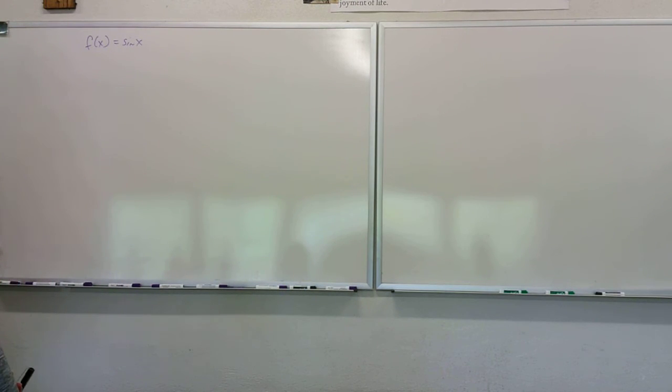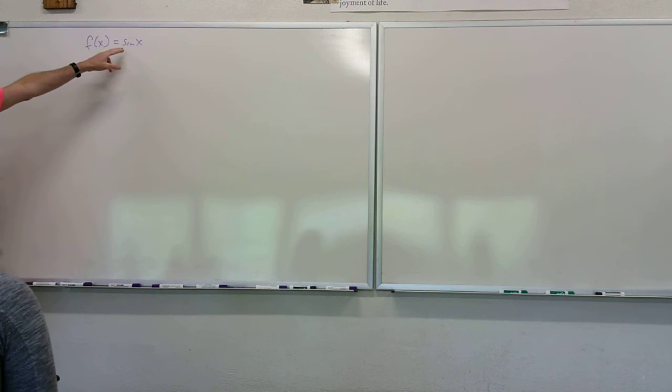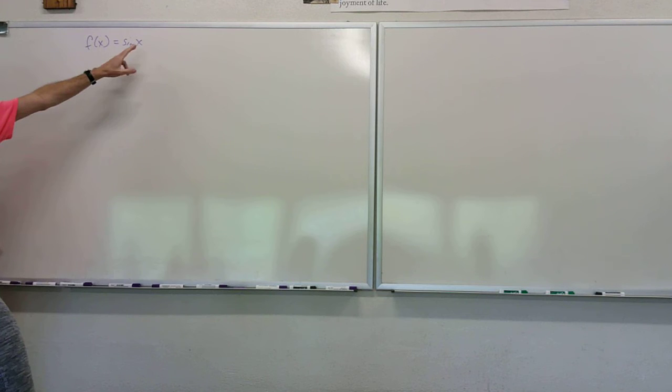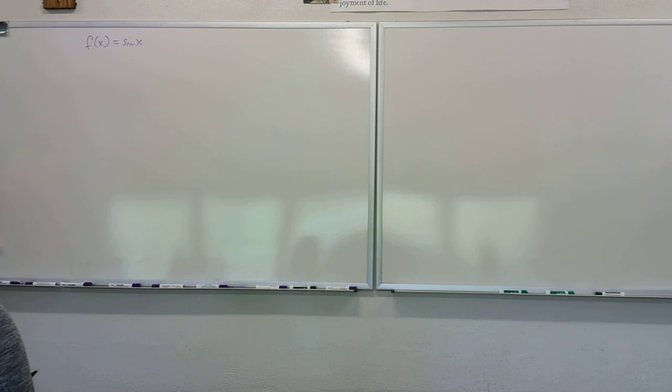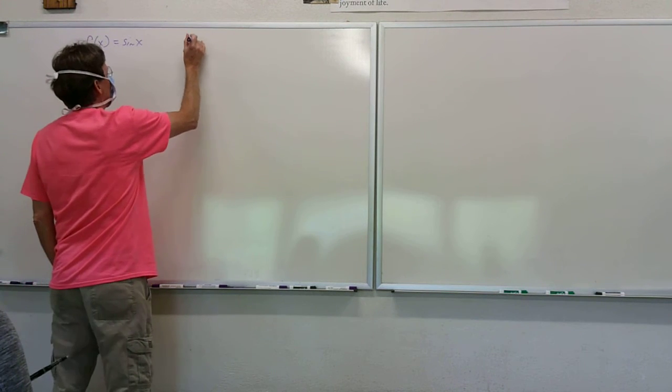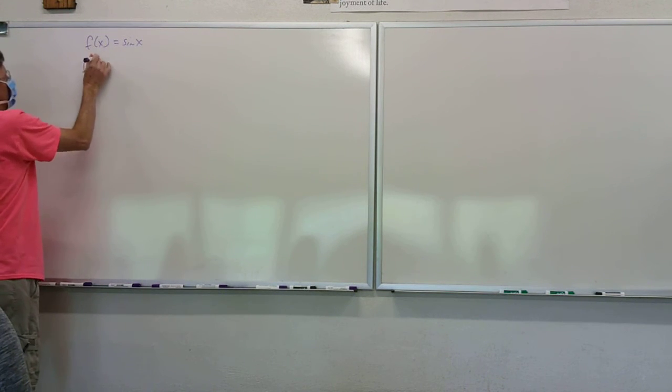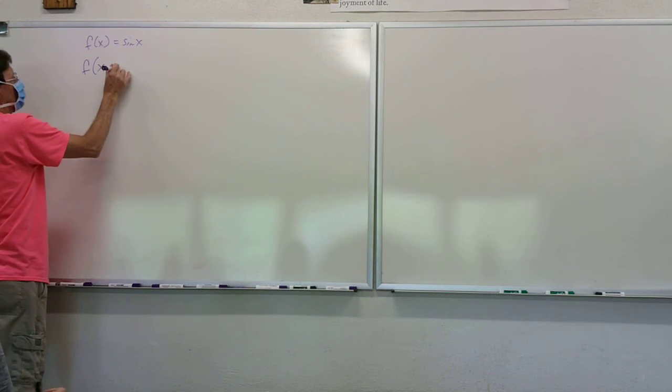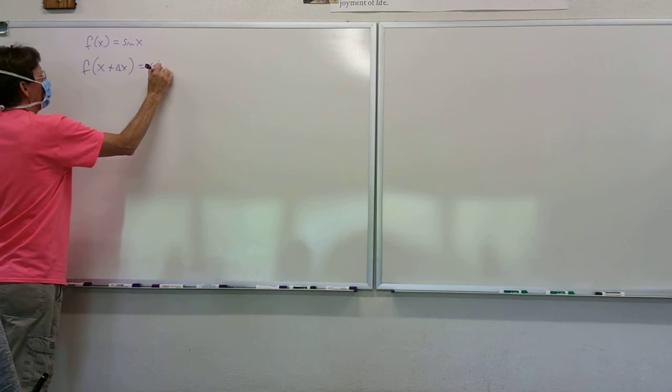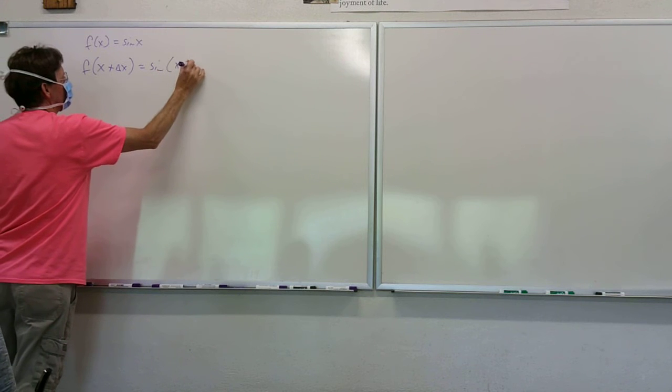Okay, what we're going to do is prove the derivative formula for sin x, which is easier than the one we just proved. So we have f of x equal to sin x, and f of x plus delta x is equal to sine of x plus delta x.